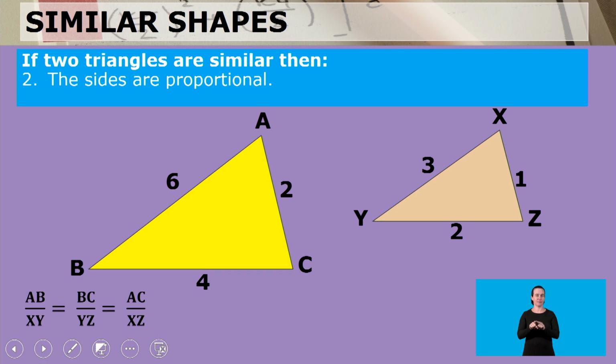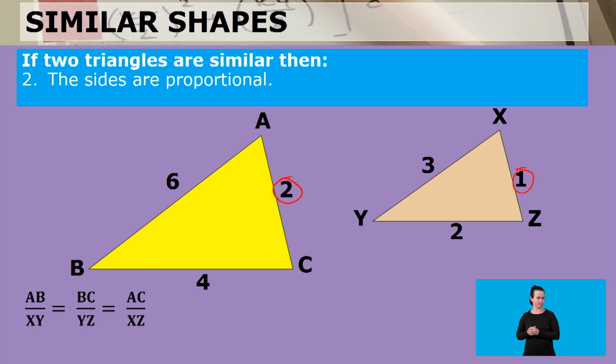The second condition of similarity is that the sides are proportional. Let's look at it now from triangle ABC and triangle XYZ. Look at the sizes that have been given. We are given side AC to have 2 units, while side XZ equals 1 unit.